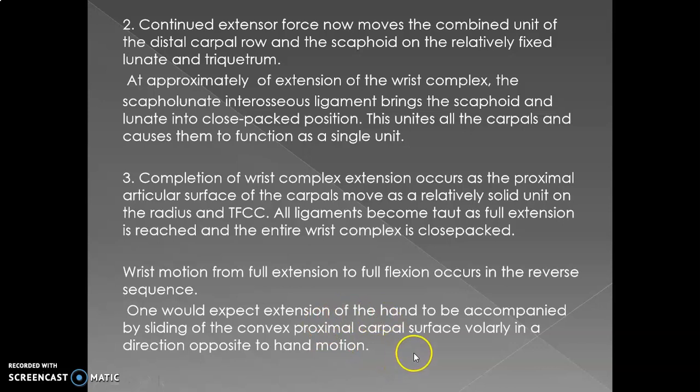While there is an extension happening on the anterior side, what will happen? The sliding of the convex proximal carpal row will happen, opposite to the hand motion. The hand is moving upward, but volarly the proximal carpal row, being convex, slides downward.